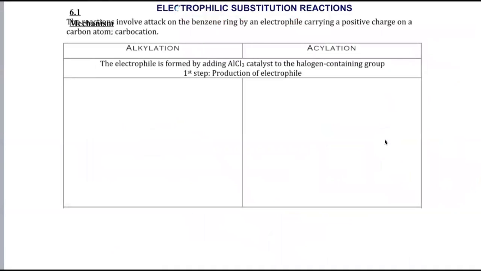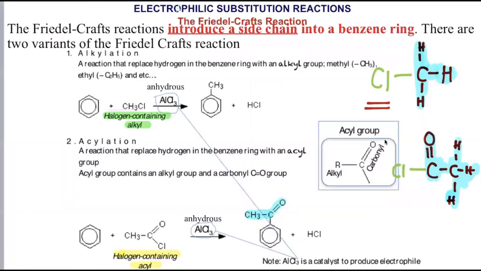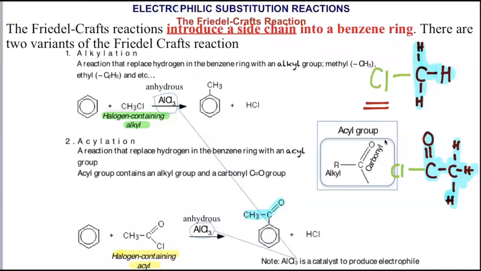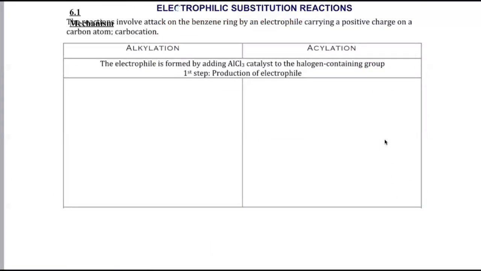Like any other electrophilic substitution, the first part of the reaction involves the formation of the electrophile. So just refer to your step 1, and keep on referring to your step 1. To form the electrophile, I need my reagent to react with my catalyst.